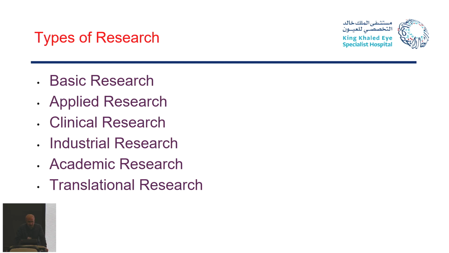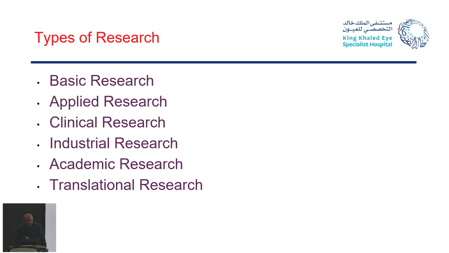If there is a known genetic mutation or a known single nucleotide polymorphism which has been associated with a certain disease, I take a group of patients, I take a group of controls, and then I compare and see whether that mutation or that SNP is actually associated with the disease. Here, I'm not trying to understand how the mutation caused the disease or how it contributes to the pathogenesis of the disease. I'm merely evaluating whether that particular SNP can be used as a marker for the disease or not.